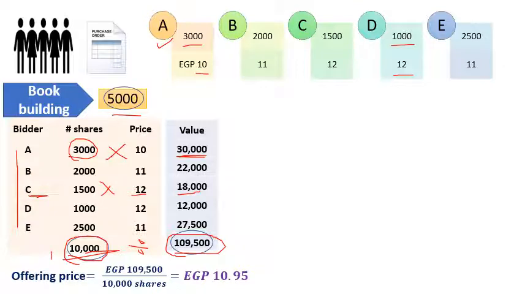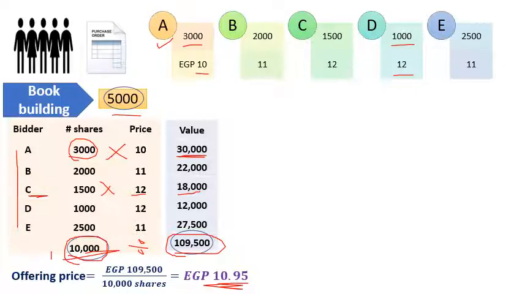So the final offering price will be 10.95 Egyptian pounds per share. So each investor will pay 10.95 Egyptian pounds for buying each share.